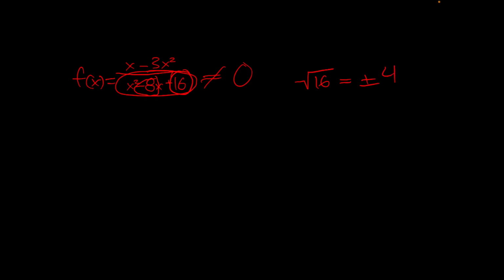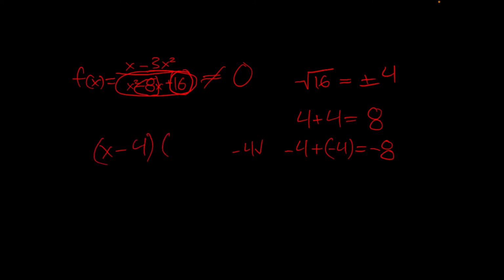So let's try positive 4. 4 plus 4 equals 8, and we aren't looking for positive 8, we're looking for negative 8, so let's try negative 4. Negative 4 plus negative 4 equals negative 8, so negative 4 will work, so that means that we have x minus 4 times x minus 4 cannot equal 0.